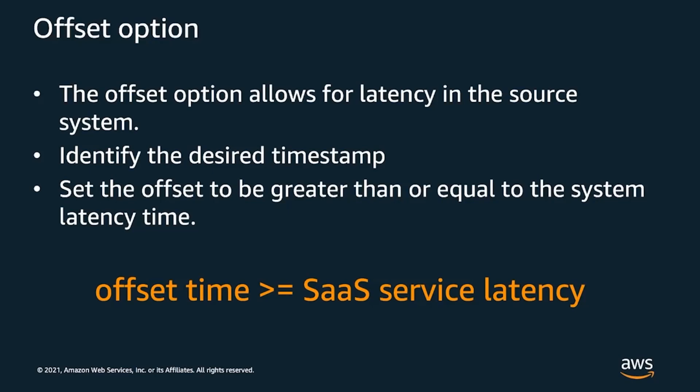Your service may do some action against that data, and the timestamp may not happen until another 30 seconds or 5 minutes later. So depending on the service you're using, there might be some latency. You can offset your data pull to include that, and you want to set your offset time as greater than or equal to the SaaS service latency.